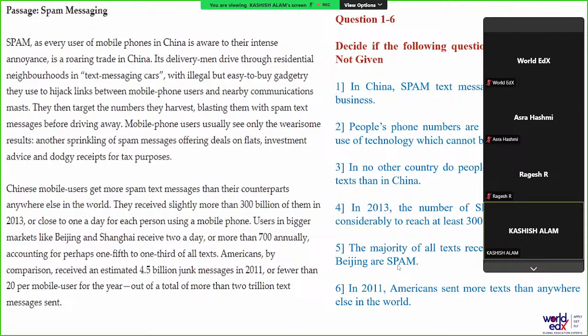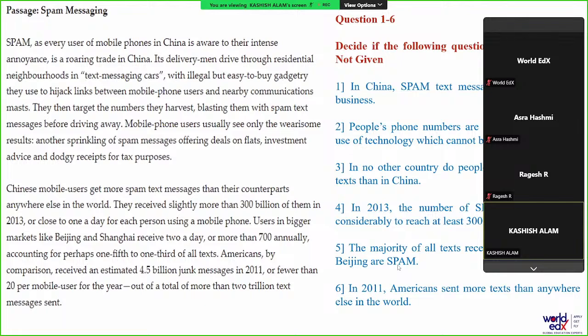So what exactly do I have to verify? Whether the number of spam text messages increased considerably to reach the particular billion number in 2013 or not. And as you move to the passage, what does it say? "They received slightly more than 300 billion of them in 2013." Slightly more is compared to what? It's compared to "reach at least 300 billion", right?